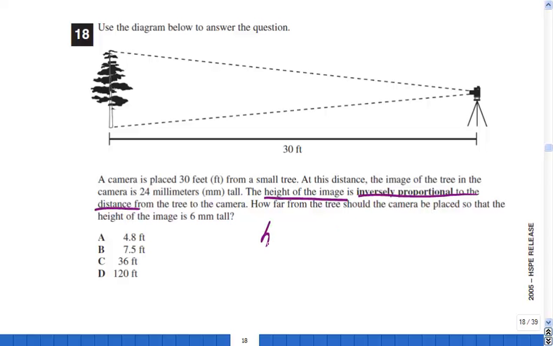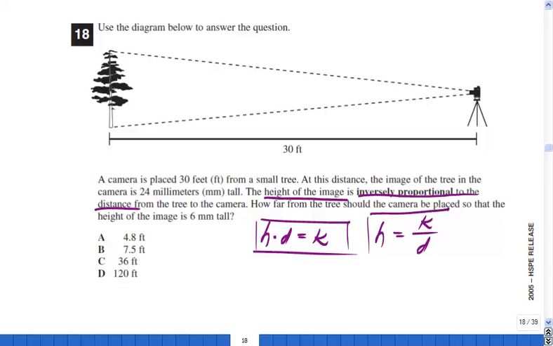So your height multiplied by the distance for your camera is always going to be a constant k. Or you can write it in a different way and say that the height of the image in your camera is always equal to a number k divided by the distance. The product of height and distance is always the same: inverse proportionality.